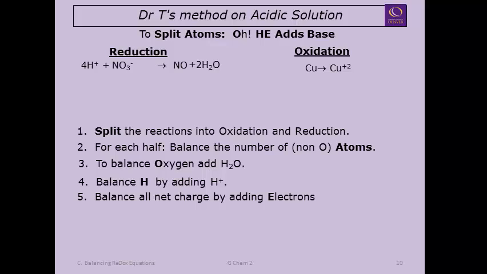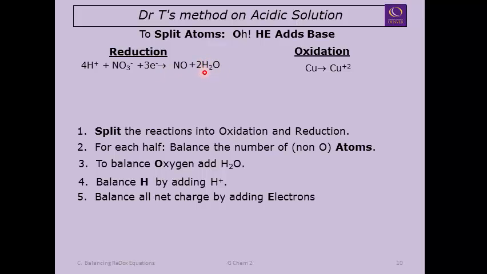That's 4 positive and 1 minus, so that's 3 positive. I have to get to 0 on the other side, which is neutral. So what I have to do is add 3 electrons, and now the net charge on this side is 0 as it is on this side.